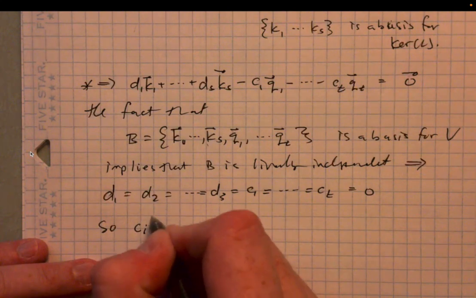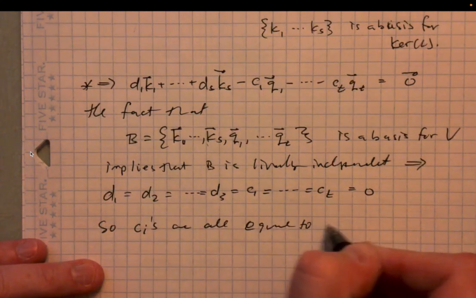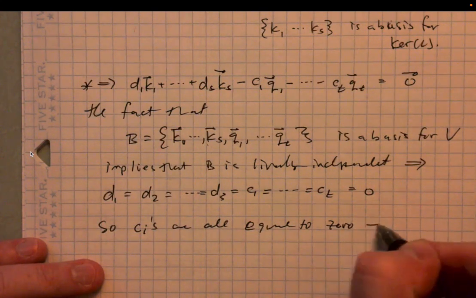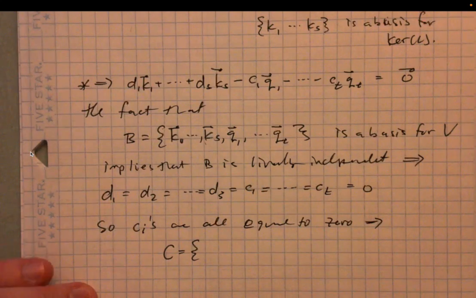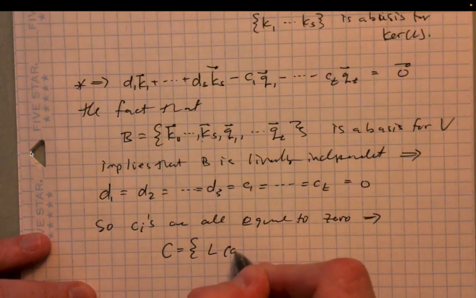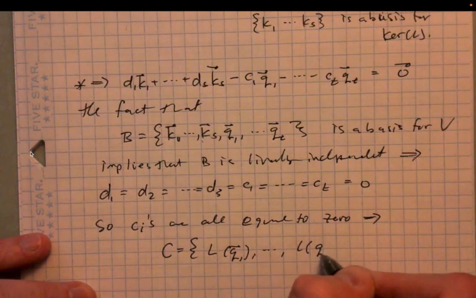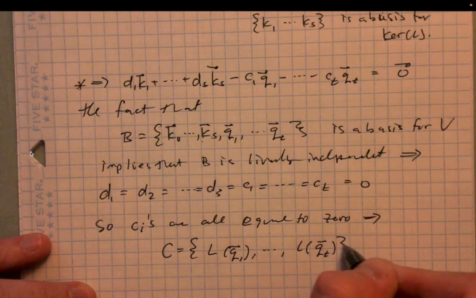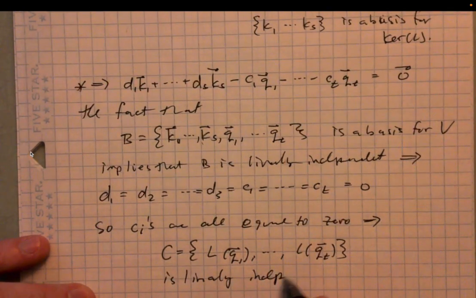So, let's sum this up. The CI's are all equal to 0. That implies that C, the set L Q1, comma, dot, dot, dot, LQT, is linearly independent.